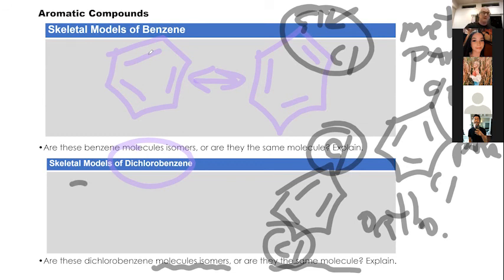They're all going to be C6H4Cl2. So they're all going to have the same formula. But are they exactly the same molecule, or are they different? What do you think? Last question of the night, then we can go home. Oh wait, we are home.